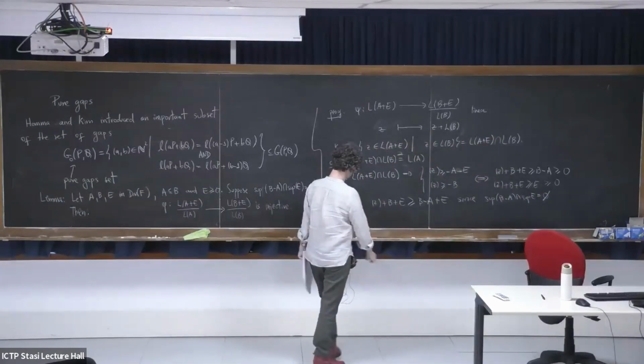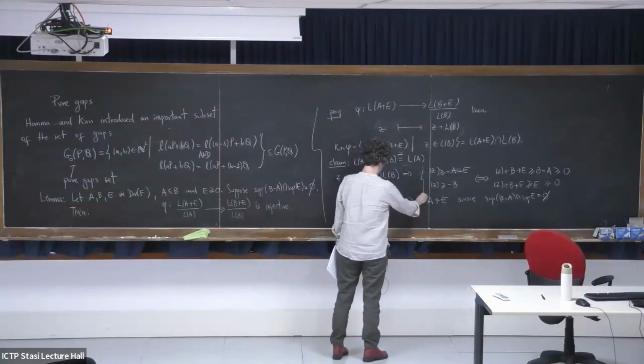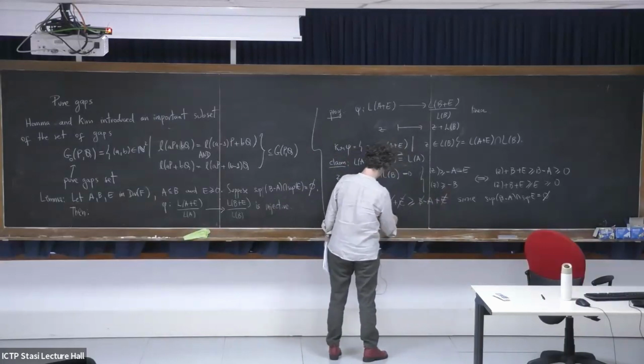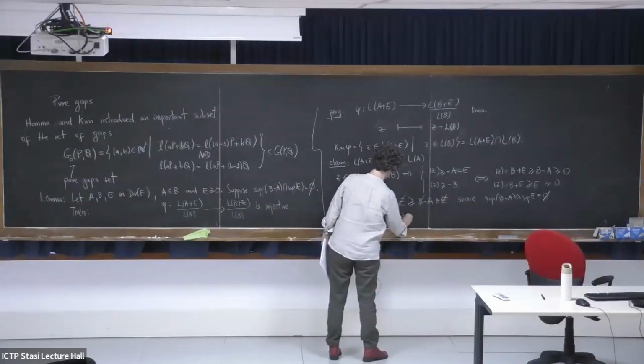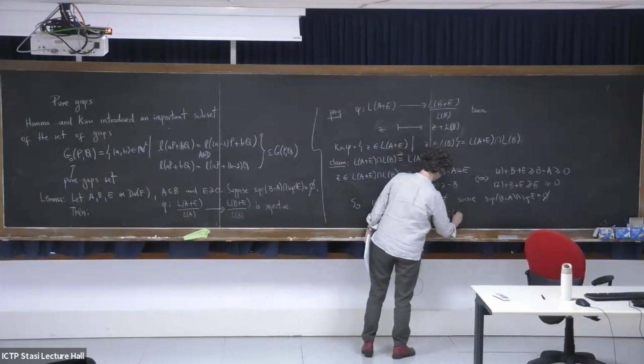But what does this mean? This means now you can just cancel P and P, E and E. So you have that this is larger than minus A, and this means that, yeah, it was here.